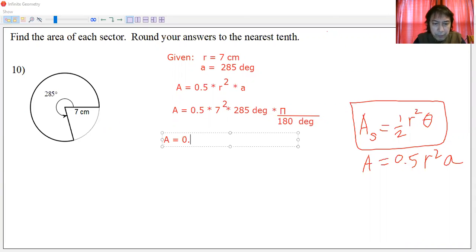So our numbers now will be 0.5 times 7 squared, which is 49, times 285, times the value of pi, which is 3.141592654, and the product of these four numbers divided by 180.